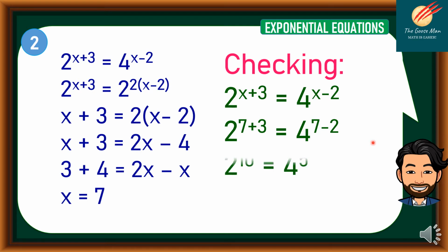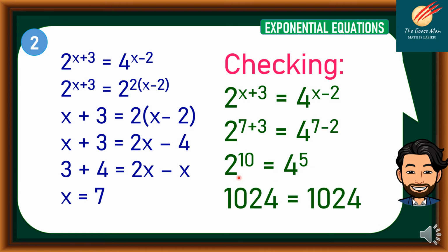Simplifying it further, I have 2 raised to 10 is equal to 4 raised to 5. But 2 raised to 10 is equal to 1024, which is the same as 4 raised to 5, which is actually 1024. So therefore, x is equal to 7.